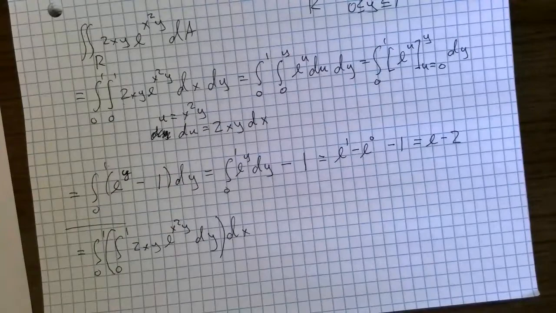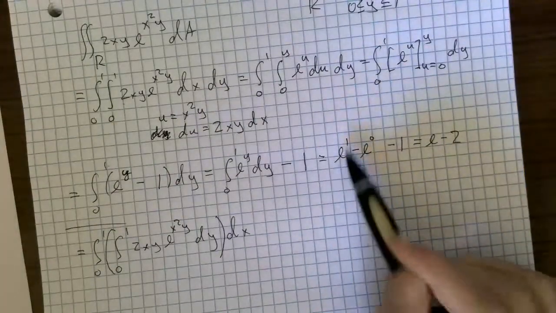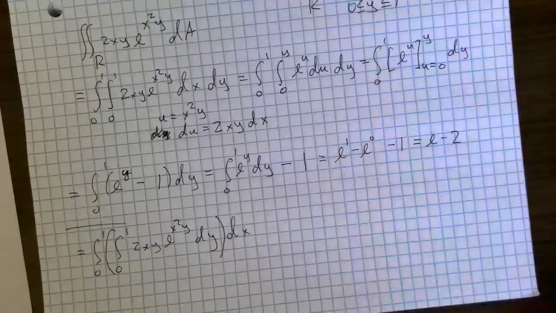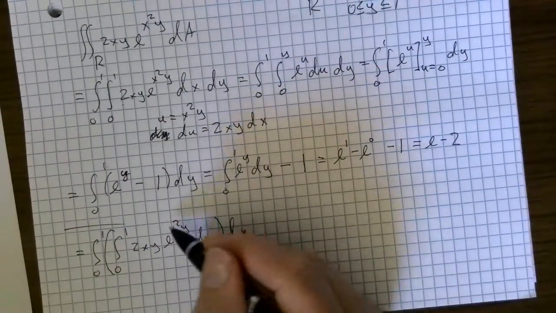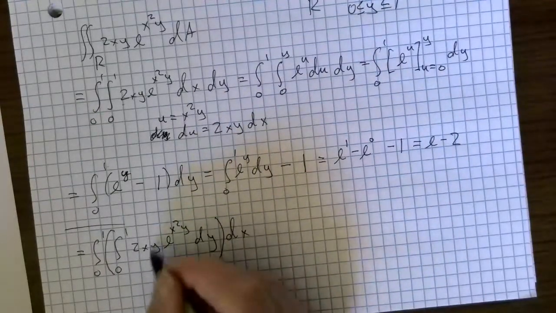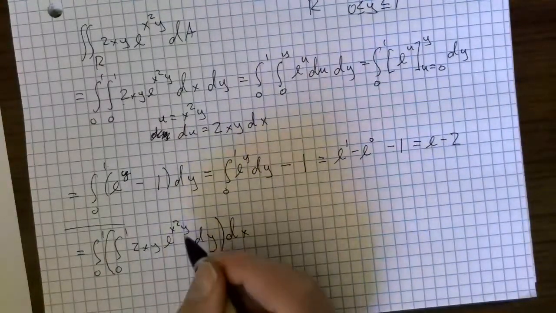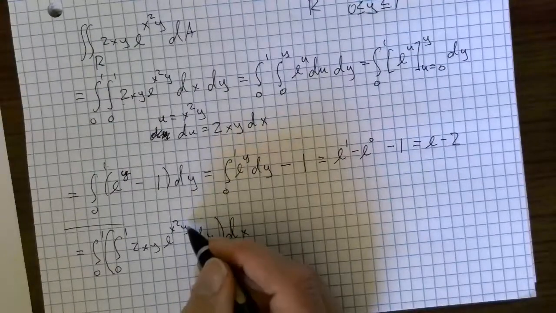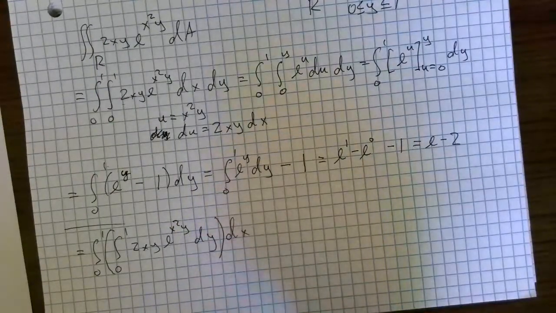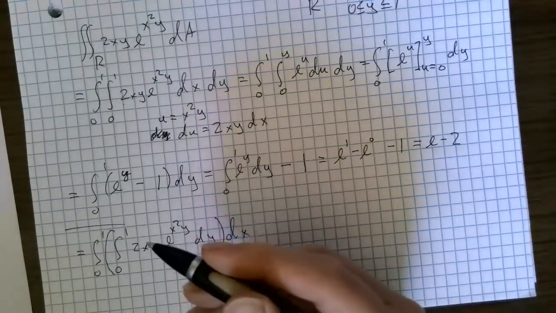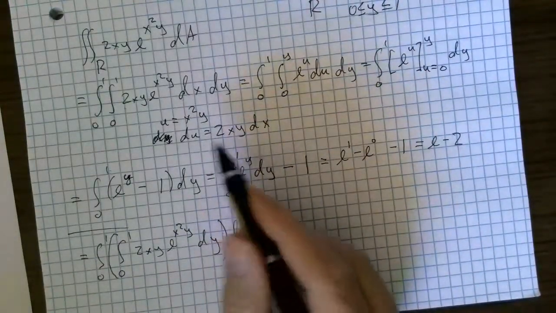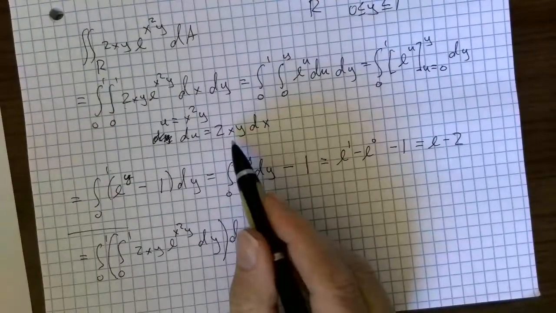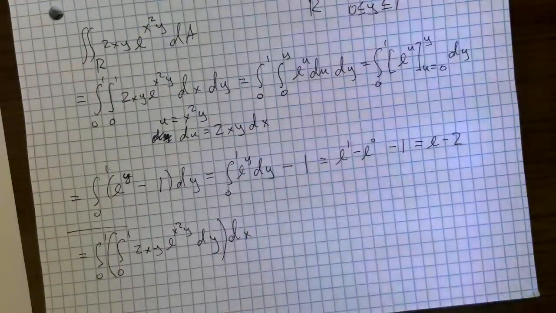It's not too terrible, but it's definitely a bit more complicated than this u substitution, right? And you cannot use the u substitution here. If I let this be u, now I would be differentiating with respect to y, so I don't get 2xy dy.